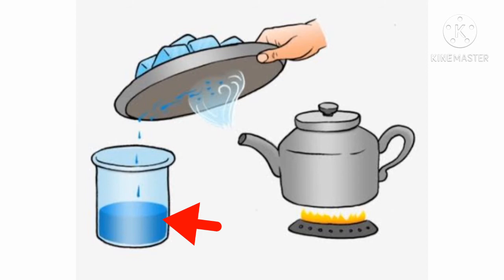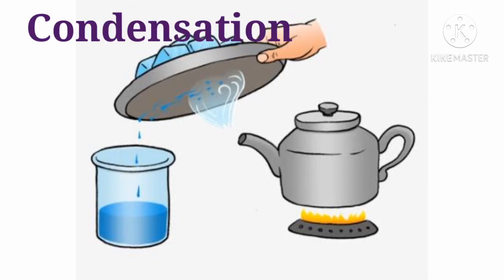Children, when the water vapor comes in contact with the metal plate with ice, the temperature of the vapor is reduced. When the temperature of the water vapor is reduced, the water vapor will be converted into liquid water, and this process is known as condensation.